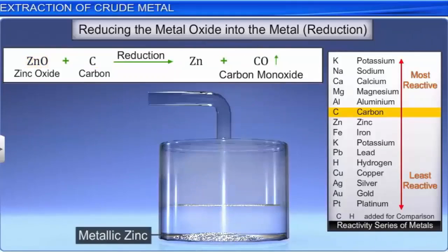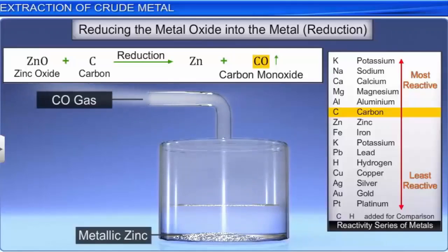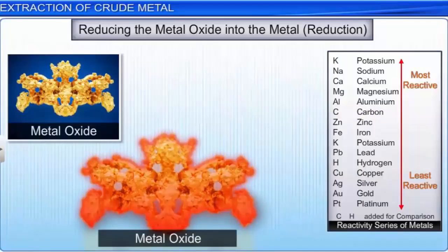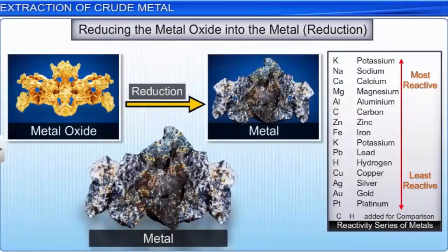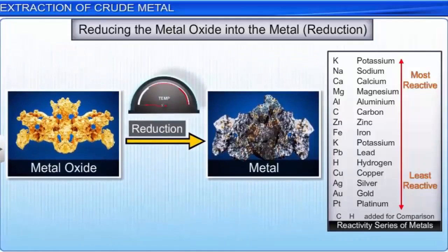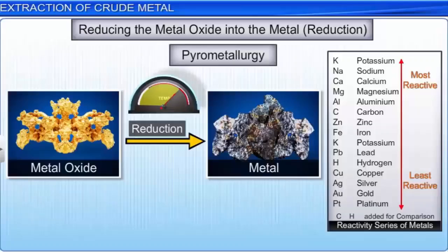In this reaction, carbon monoxide is released. Generally, heating is required for a metal oxide to be reduced to its metal. The temperature at which a metal oxide will get reduced can be predicted based on studies that come under a branch of metallurgy called pyrometallurgy.